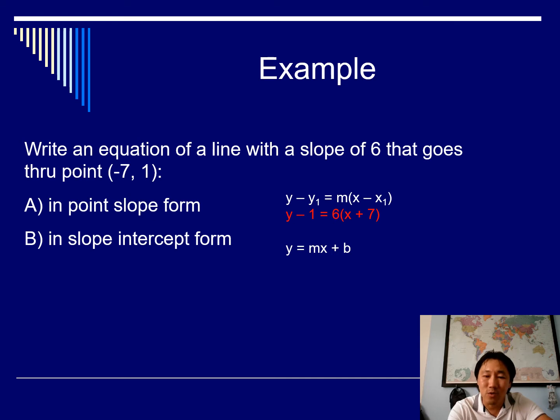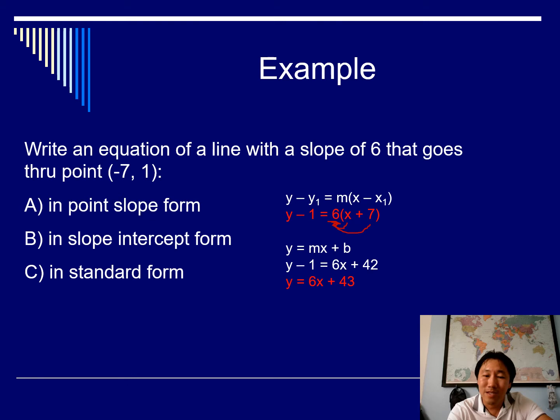The first thing you do is you distribute this 6 in, 6x plus 42, and then all you got to do is add 1 to the other side. And there's our answer in slope-intercept form. Y equals 6x plus 43. The slope is 6, the y-intercept is 43.